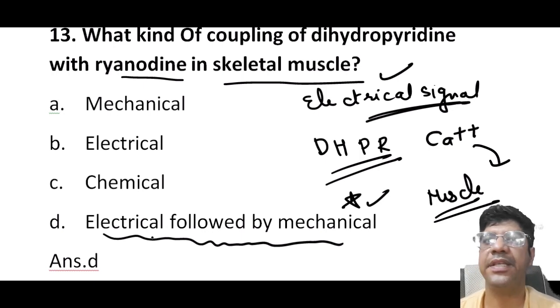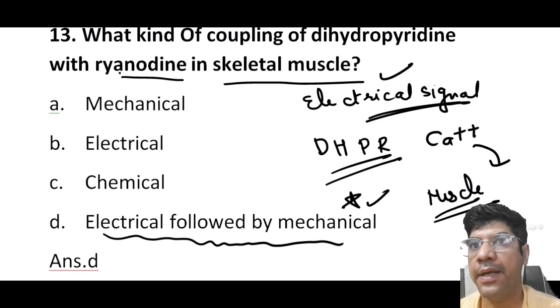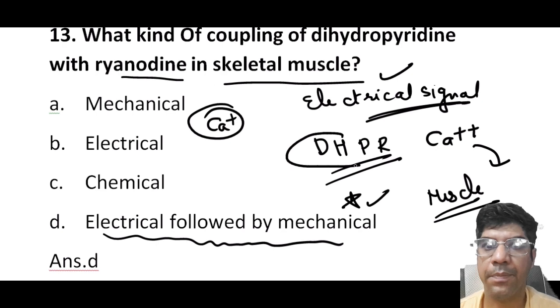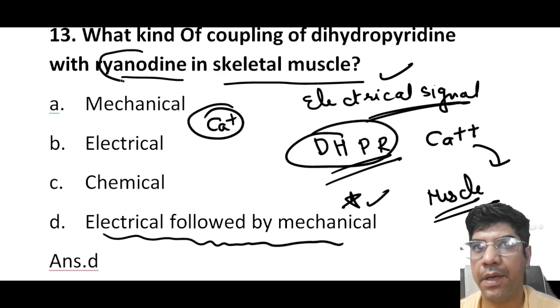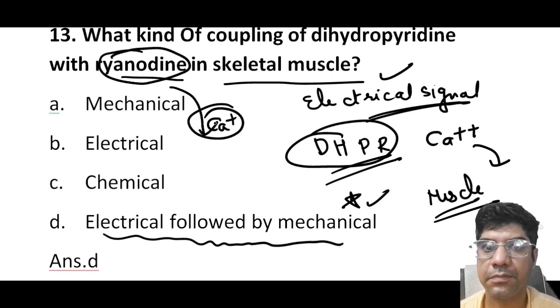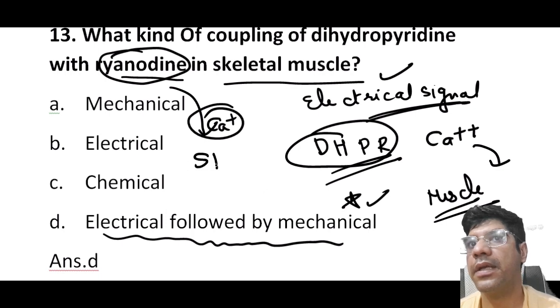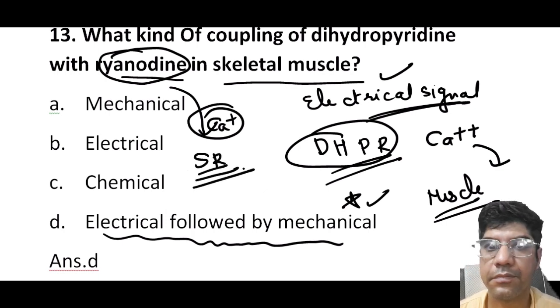Apart from that, you can see the mechanical response. The entry of calcium from the dihydropyridine receptor stimulates the nearby ryanodine receptors on the sarcoplasmic reticulum, which is a storage site for calcium ions, to release even more calcium ions into the muscle cells.